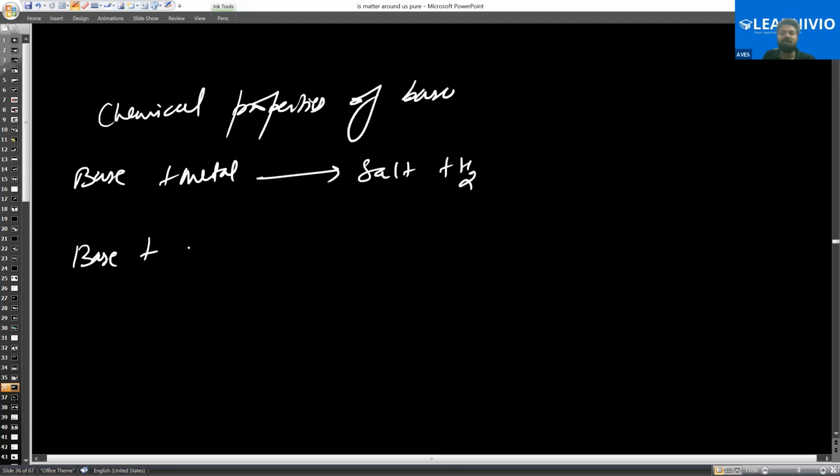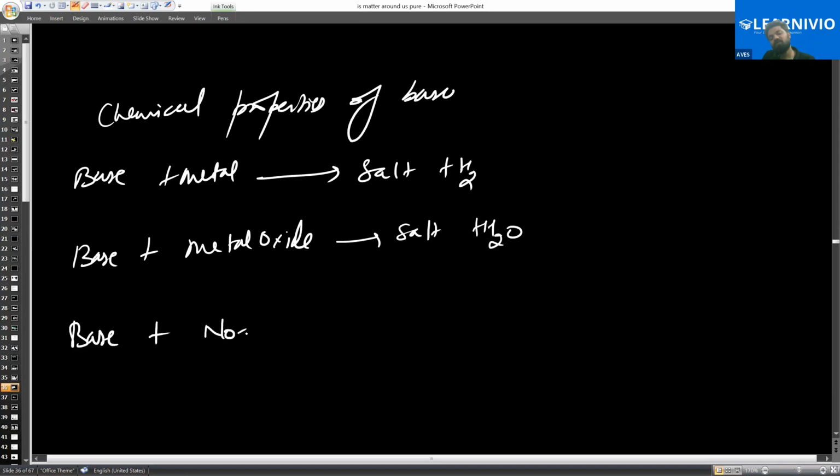Base plus metal oxide gives you salt plus water. Base plus non-metal oxide gives you salt and water.